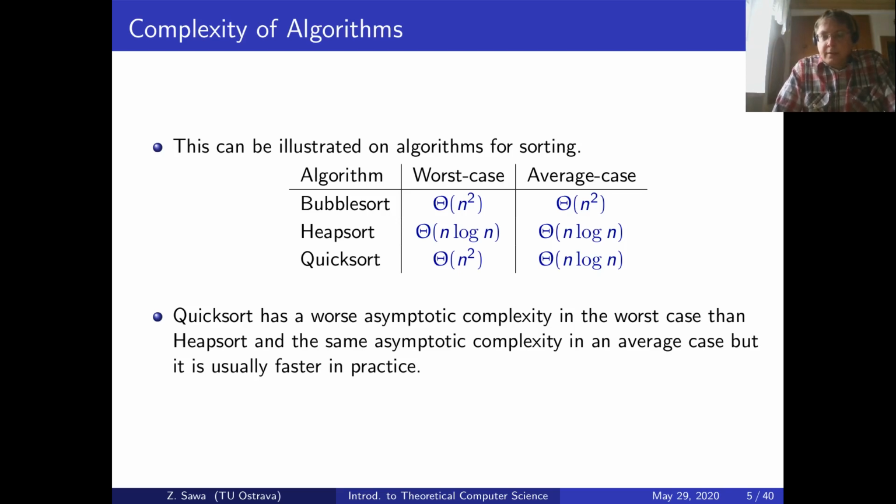By the way, it's quite obvious that choosing the pivot, comparing all elements in the array with it and moving them to these two parts can be done in theta n, linear time.